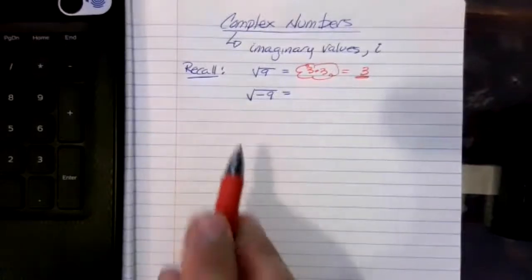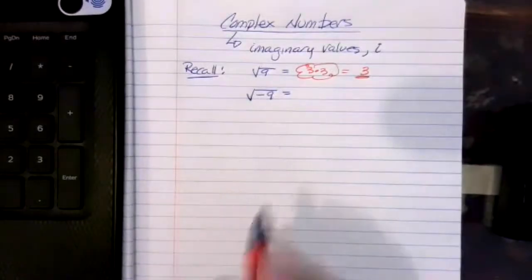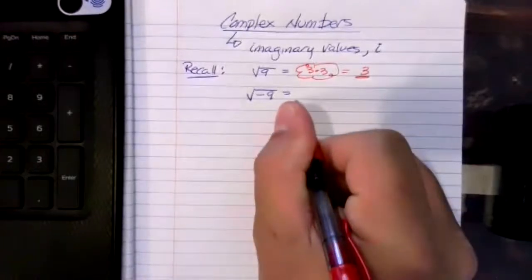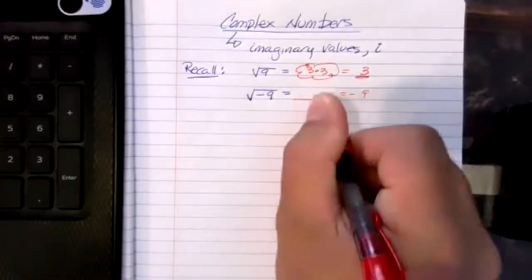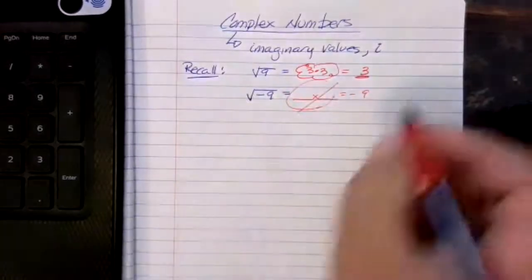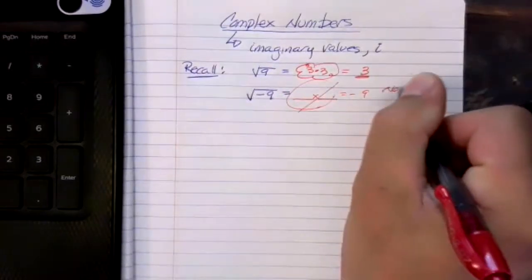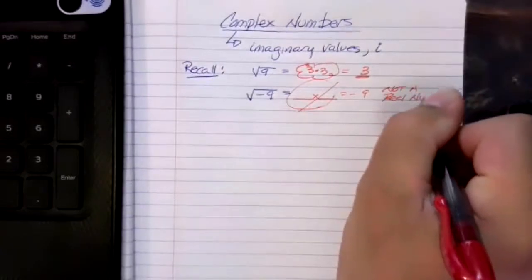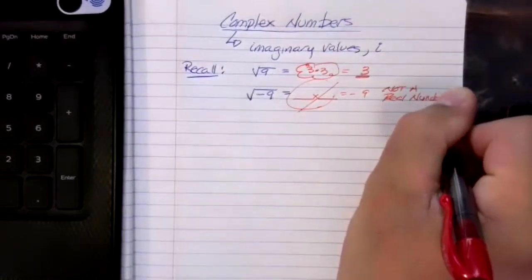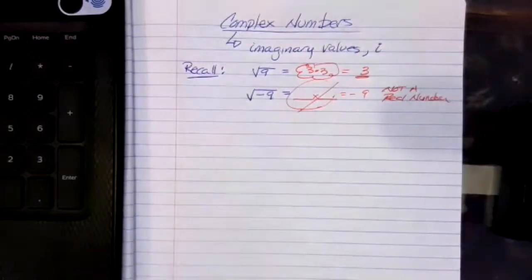And when we came across the square root of negative 9, since there are no two values that are exactly the same that will give me negative 9, we said this is not a real number.